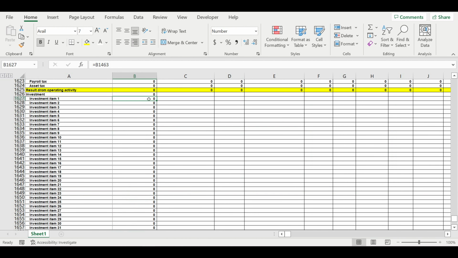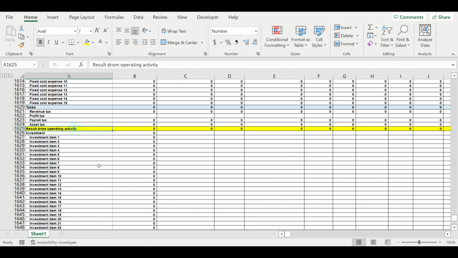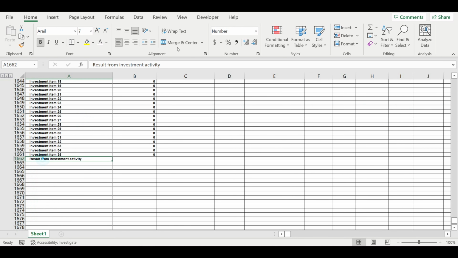Then we are moving to the result from investment activity. So this is the second block: operating activity, then investment activity.